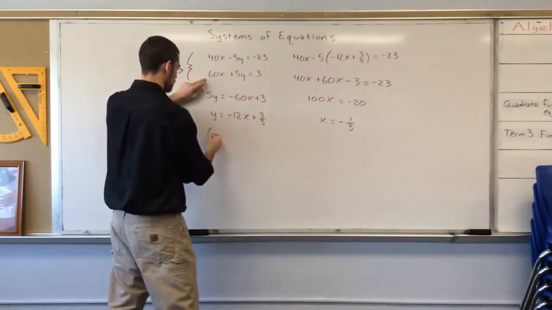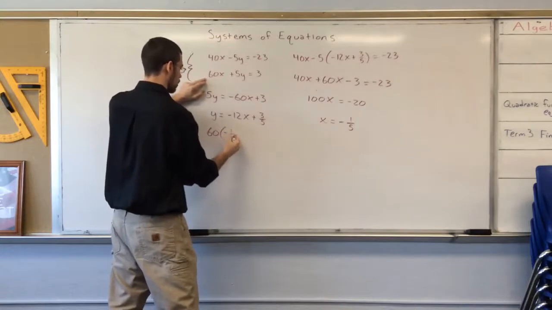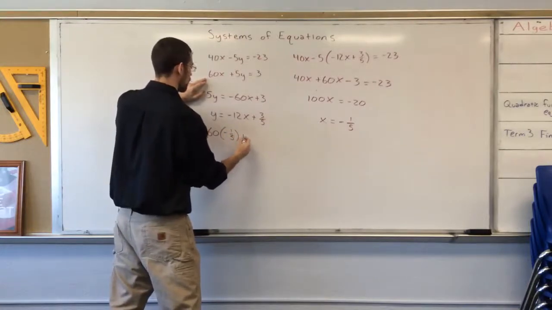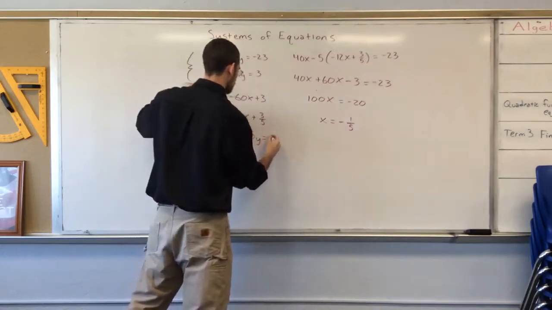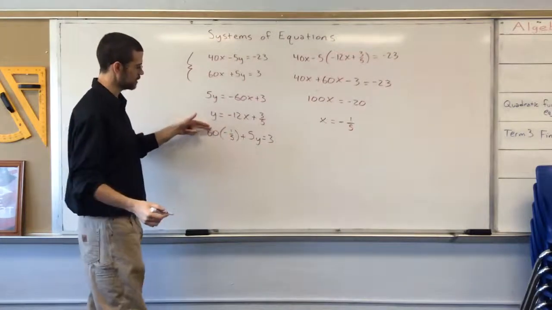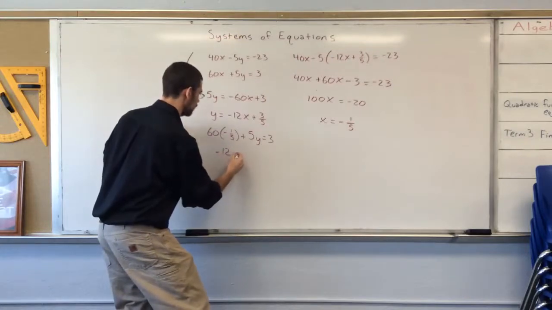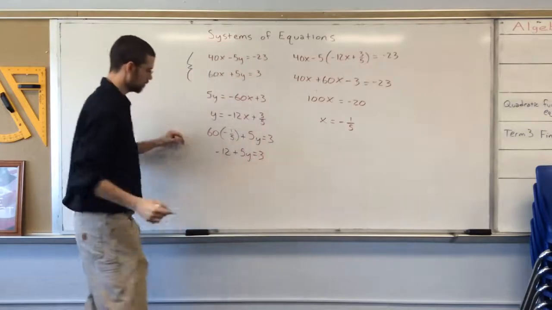So 60 times negative 1/5, well, 60 divided by 5 is 12, and it's negative, so negative 12 plus 5y equals 3.